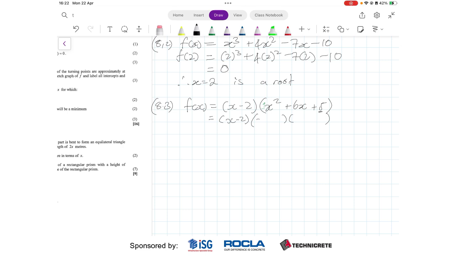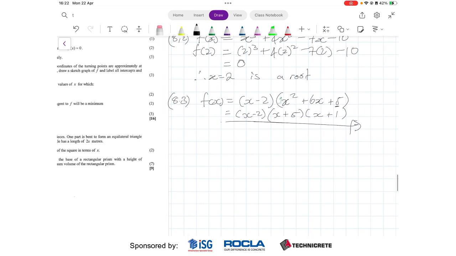So immediately that tells you it's x plus 5 and x plus 1. And that is your final factorized answer, right?